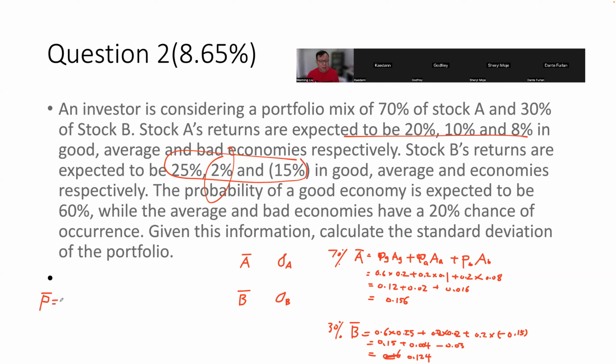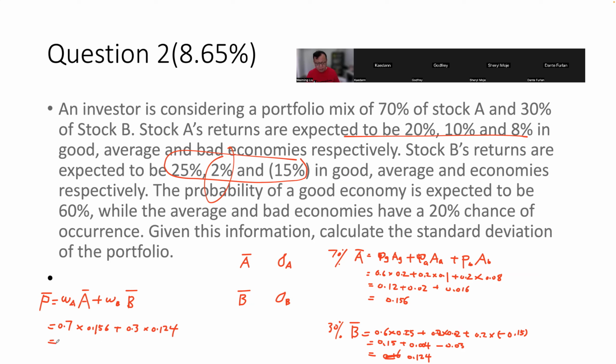So that's going to be the weight on A times A's expected return plus the weight on B times B's expected return. So that's going to be 70% times 0.156 plus the other weight is 30%, 0.3 times 0.124.